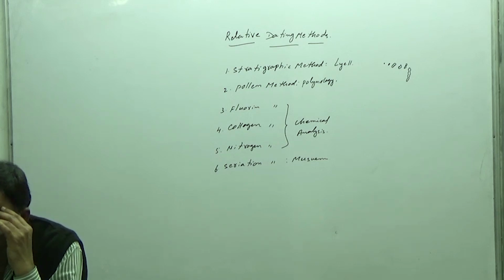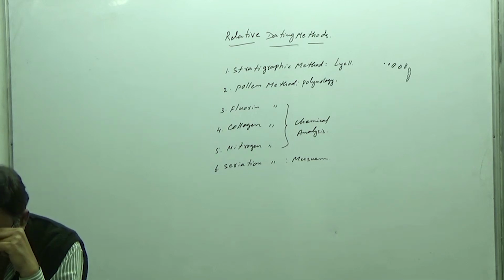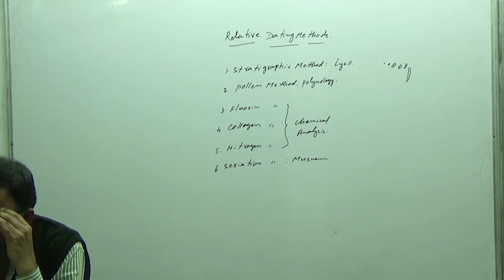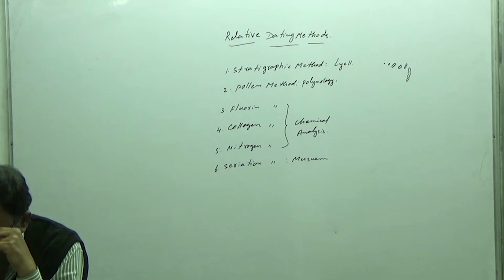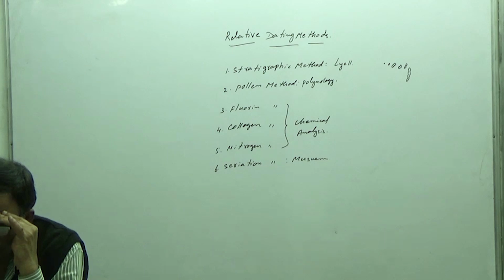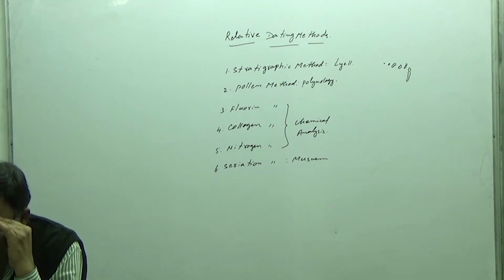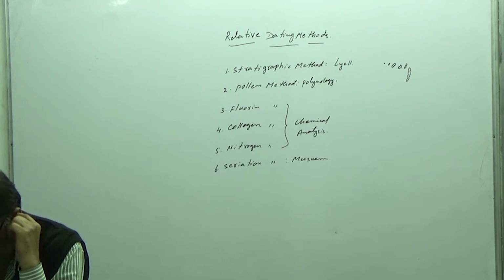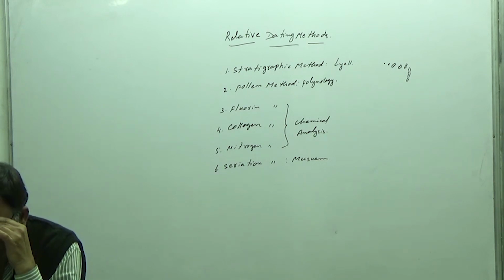After arranging the tools and artifacts on the basis of style and shape, technicians try to understand the change of technology and the evolutionary process of tools.